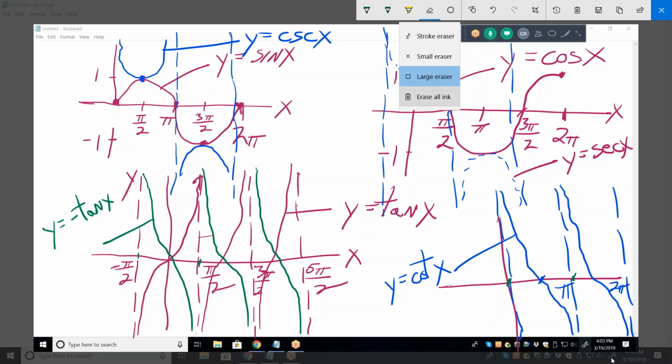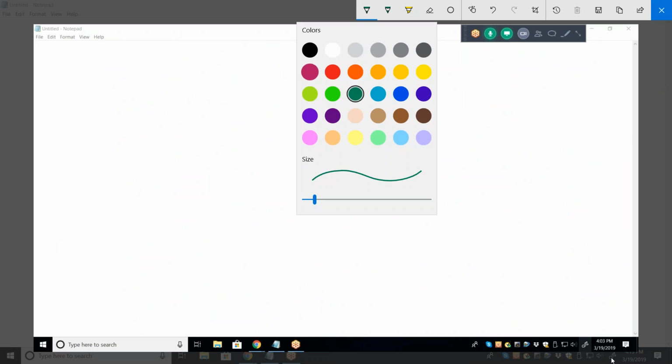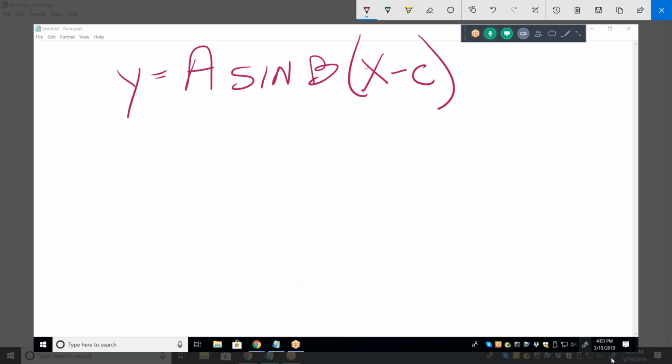Let me erase this. And let's talk about the sinusoid function. And this can be two different ways depending on the school system.